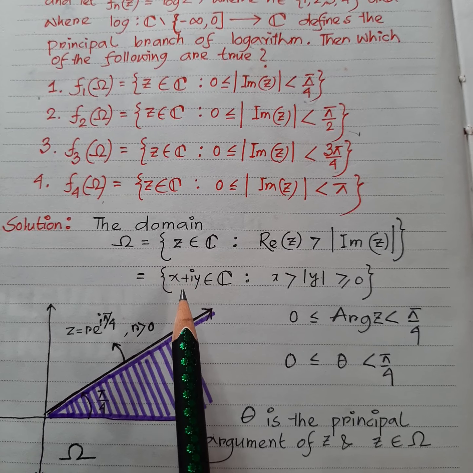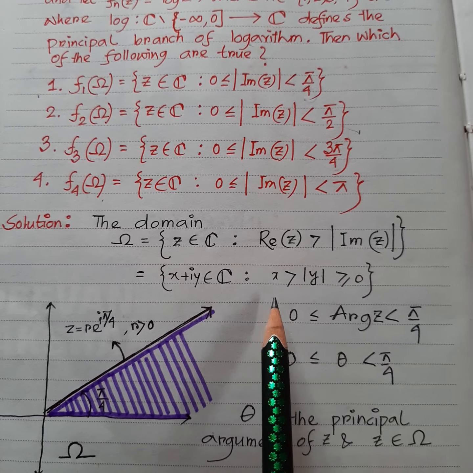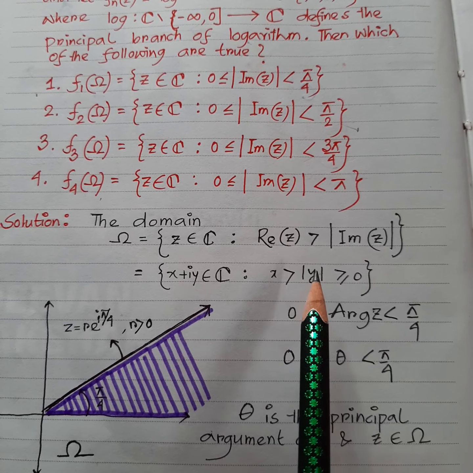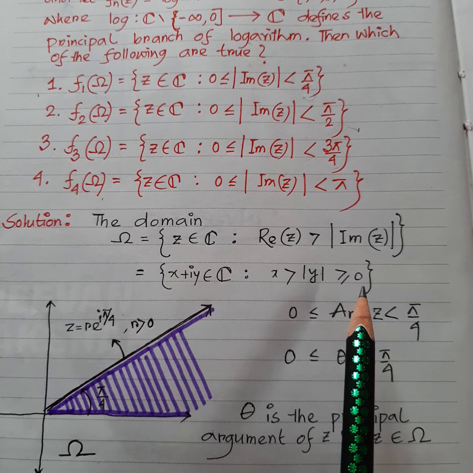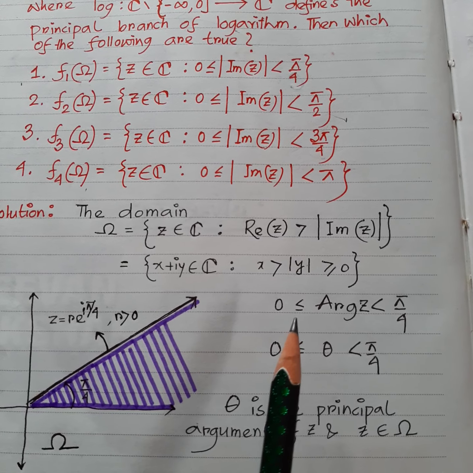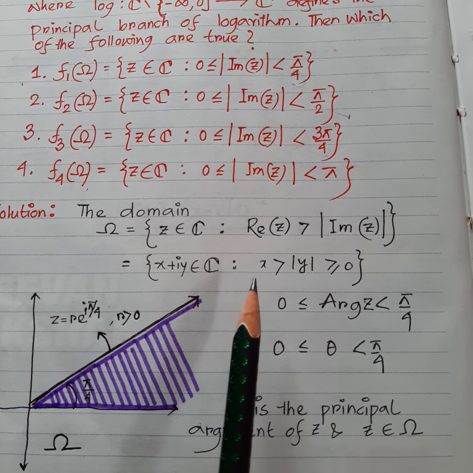We may write z in the form x plus iy. Then from this relation we can write x greater than modulus of y greater than or equal to 0, and from this we get a rough idea about Omega.